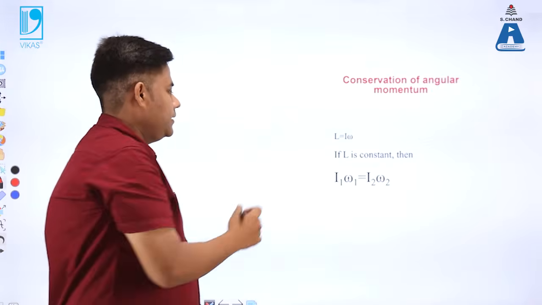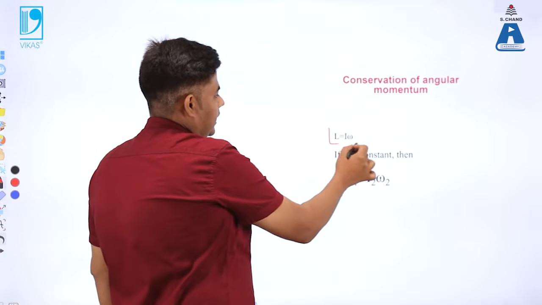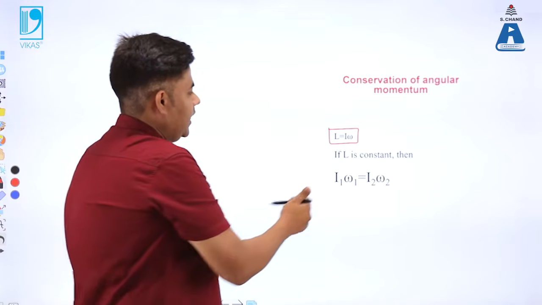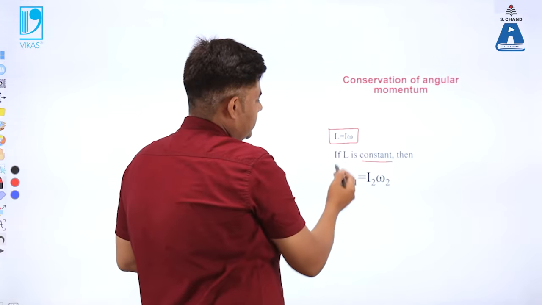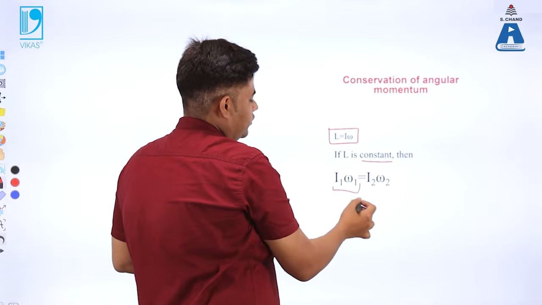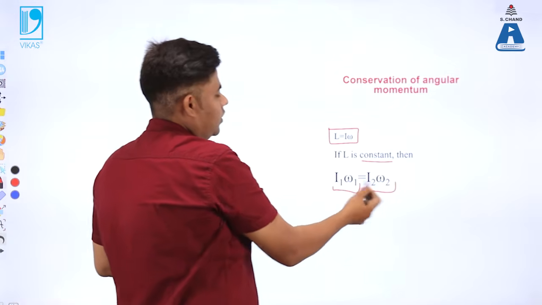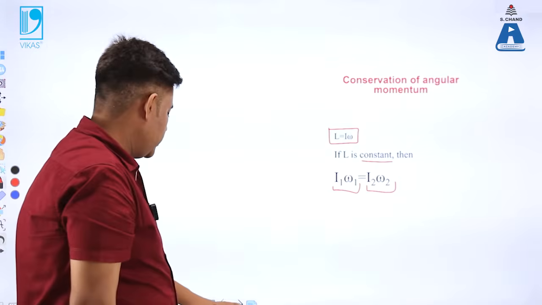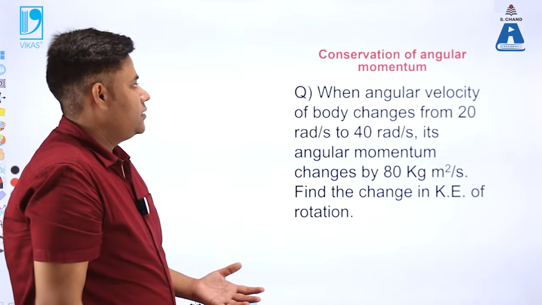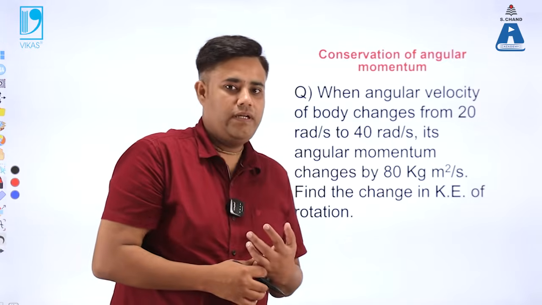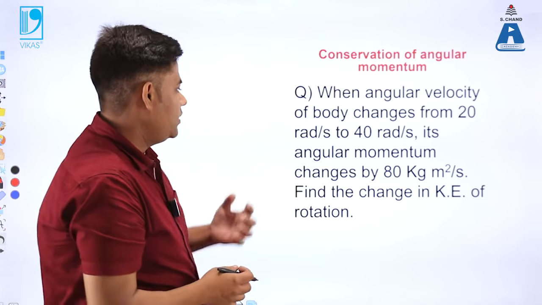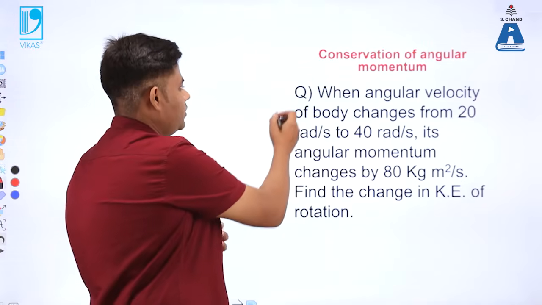Now as L equals I into omega, I have told you the formula. When L is constant, that means I1 omega 1 and I2 omega 2 would be equal because your angular momentum is conserved. Now let us look at a numerical problem related to angular momentum, which I have taken from the book.